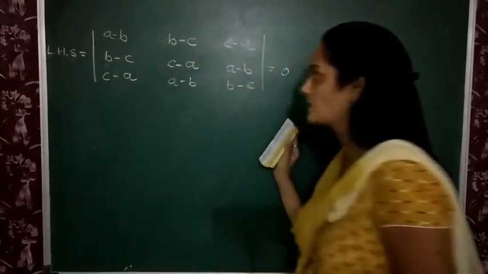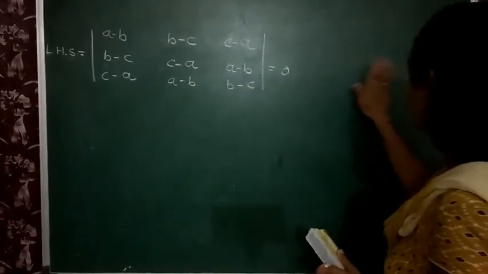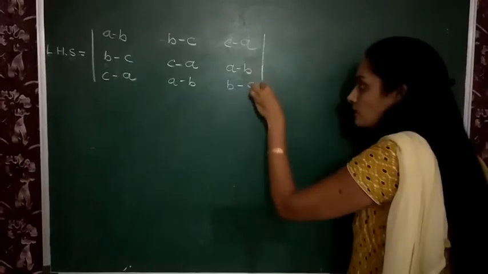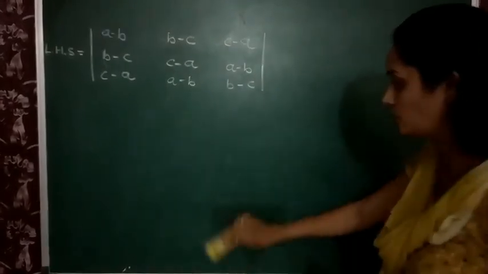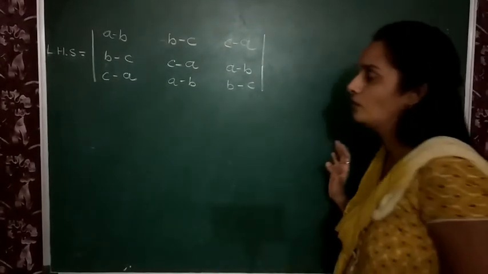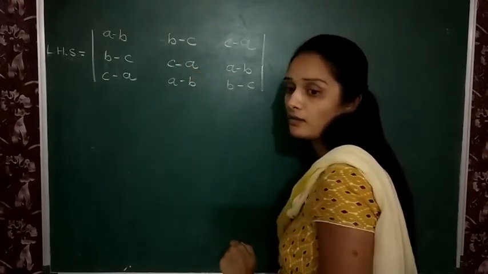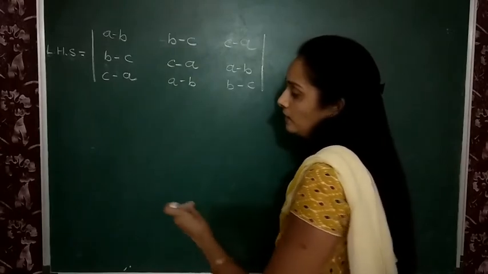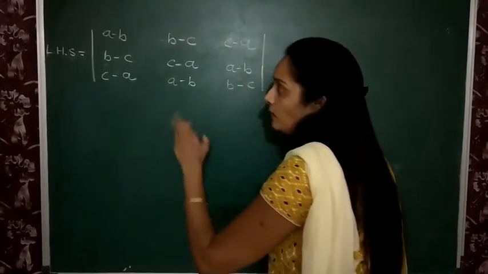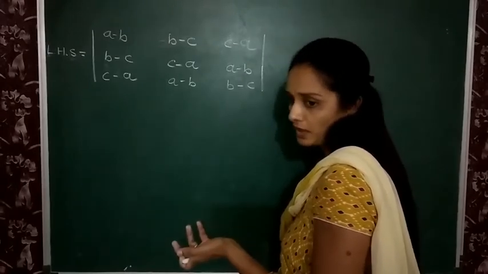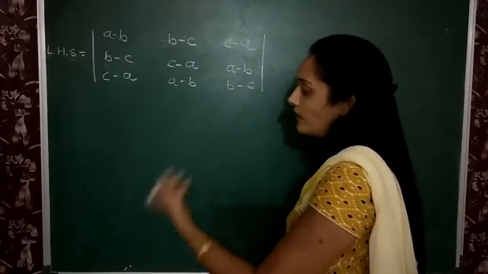LHS is equals to, and we want answer 0 on right hand side. Again repeat, to get answer 0 we try 2 rows are identical, otherwise 2 columns are identical. That means we have to add any 2 rows or we have to subtract any 2 rows, otherwise columns.